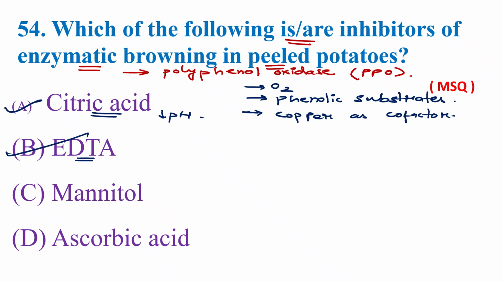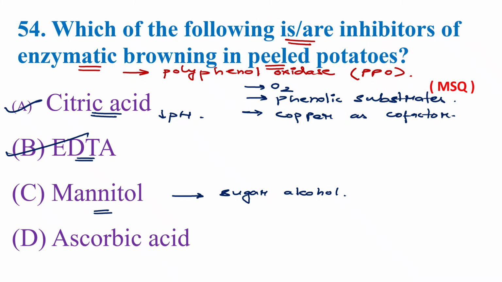Mannitol is a sugar alcohol, meaning it is used as a sweetener and as a humectant, so it does not inhibit the polyphenol oxidase or remove the oxygen or the copper.